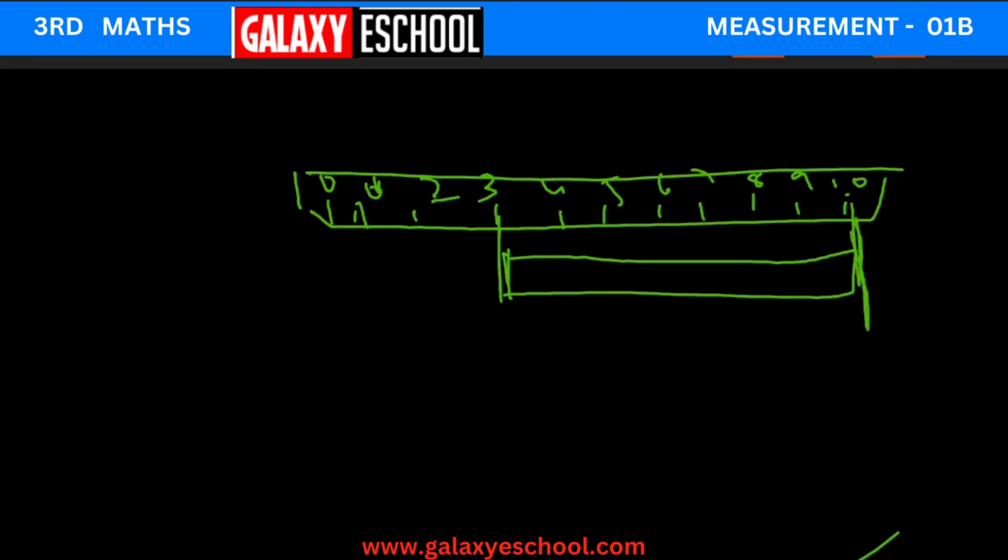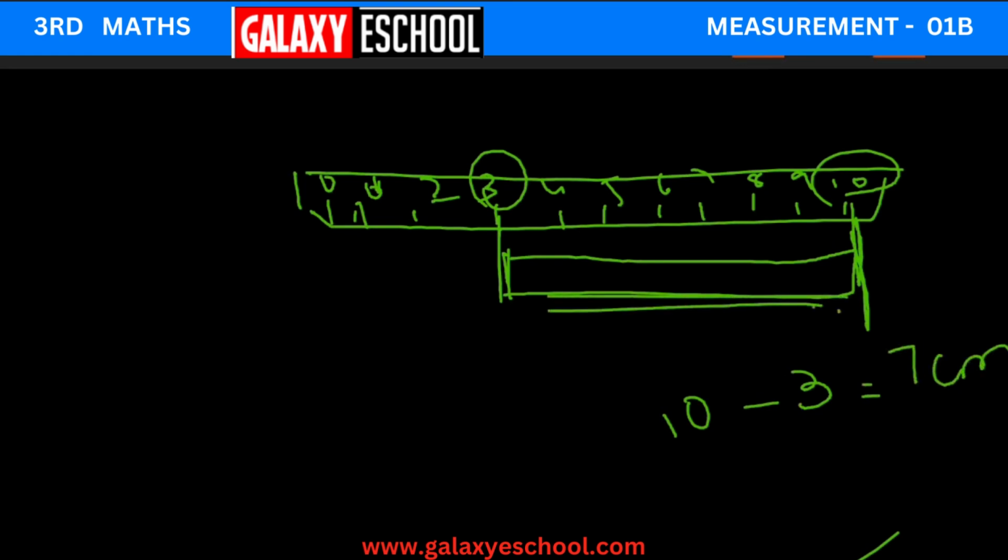Now what will be the length of this object? 10, the bigger number, minus 3, the smaller number, is equal to 7 centimeters. The length of this object becomes what, children? 7 centimeters.